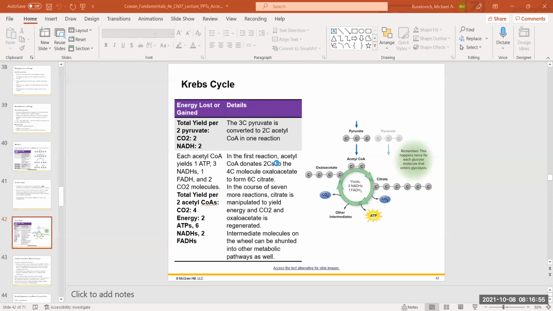Macy, what else does that chain need? You can use your notes.